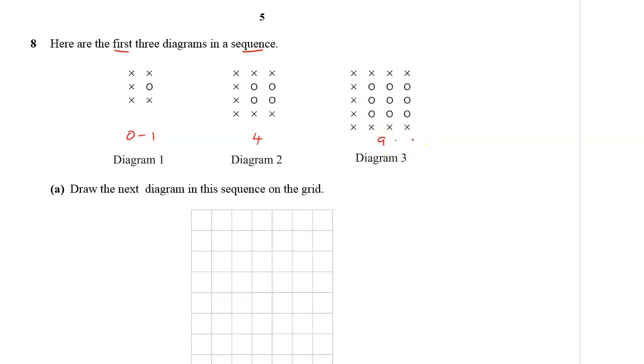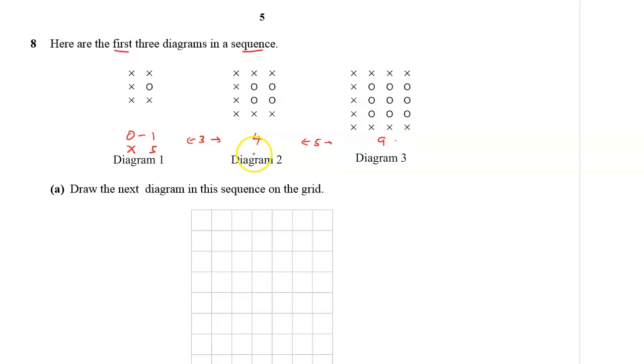So what is the sequence here? The difference between 1 and 4 is 3, and the difference between 4 and 9 is 5 for the knots. What about the crosses? On diagram 1, the crosses are 5.